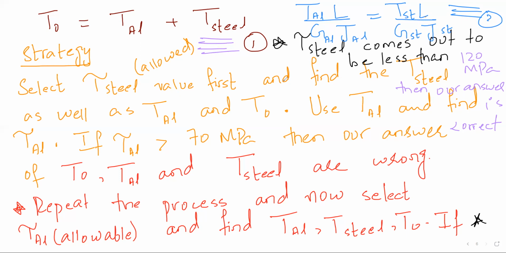Are you using shear stress is equal to TR over IP? Write down the formula. Shear stress of steel is equal to torque of steel times radius over polar moment of inertia of steel.